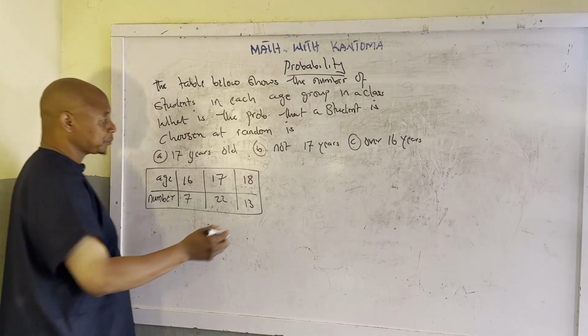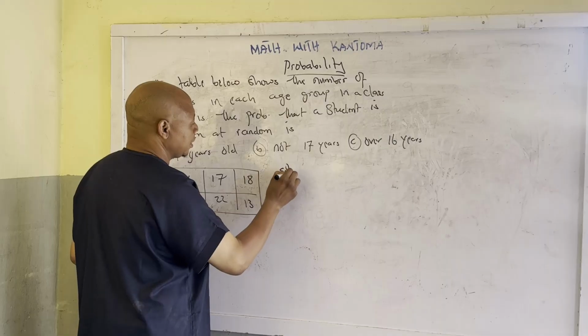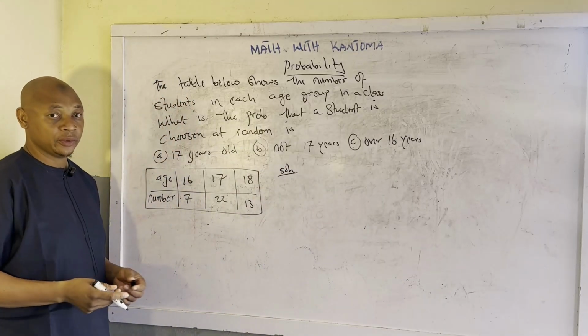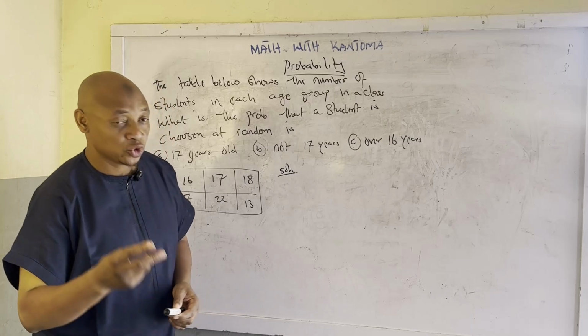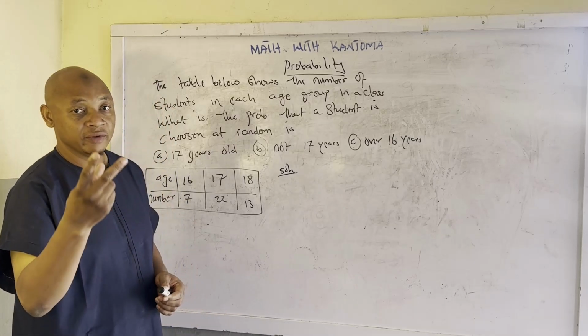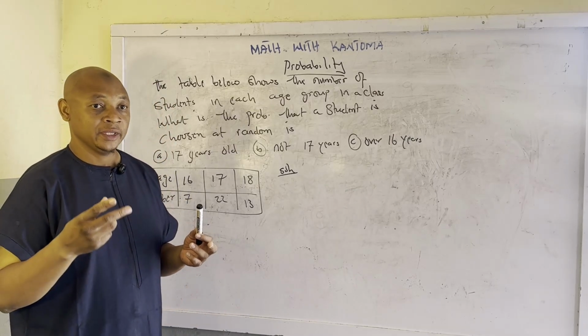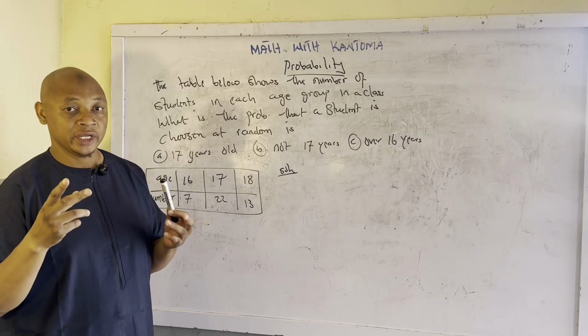And remember, in our last class, we defined the classical probability. In classical probability, we said if there are two events that are going to happen, then the events are mutually exclusive.